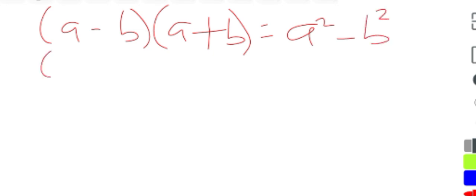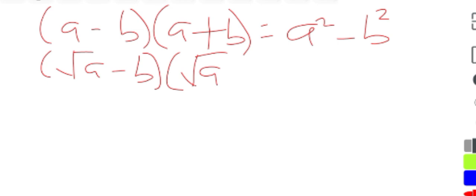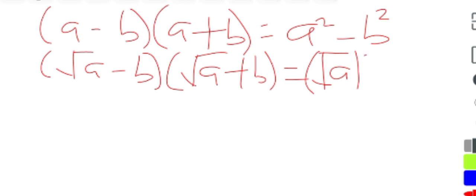So in the same way, if you have root of a minus b multiplied by root of a plus b, this is going to give root a all squared minus b squared, and this gives a minus b squared.